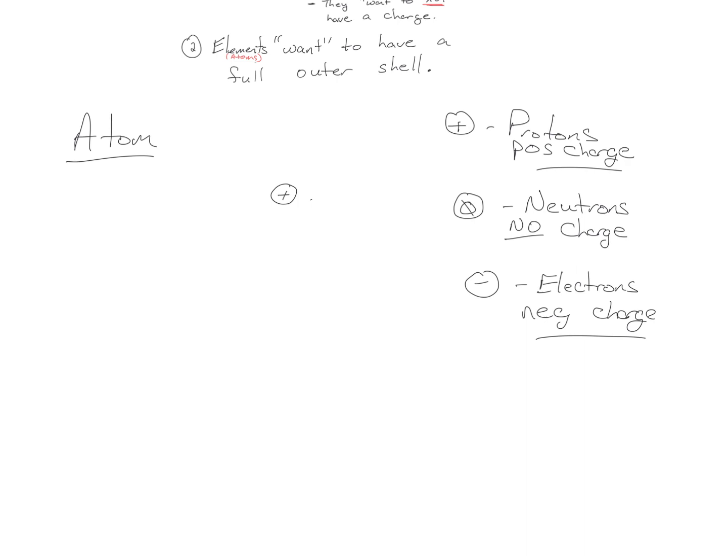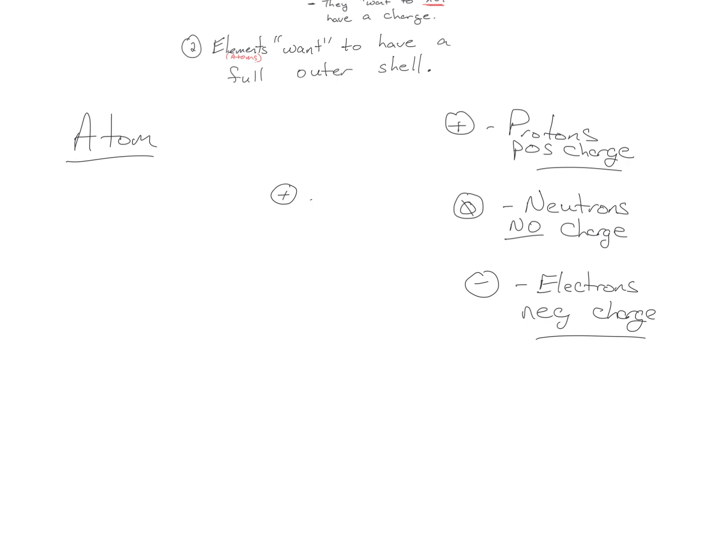And what do like charges do? Repel. So we have to keep that in mind. That's common. You play with magnets most of your lives, right? When they're opposite, they attract, and when they're the same side, they repel. You can feel the push, right? You played with magnets, correct? So you feel the push.